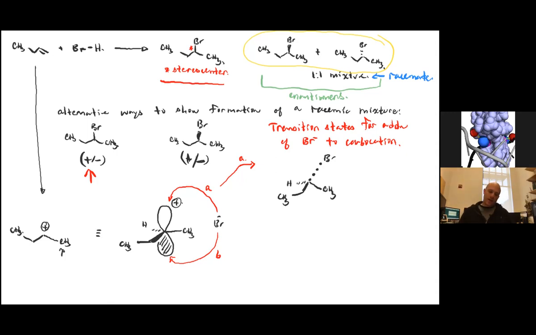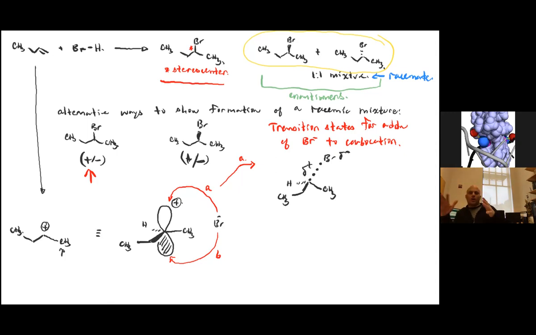Okay, and the Br minus is approaching the carbocation. So some of the electron density on the Br minus is being transferred to the carbocation. And so what that means is that neither the Br minus nor the carbocation has the full charge that it had prior to their interaction. And so it's a partial charge now, and we abbreviate this delta minus, delta plus.